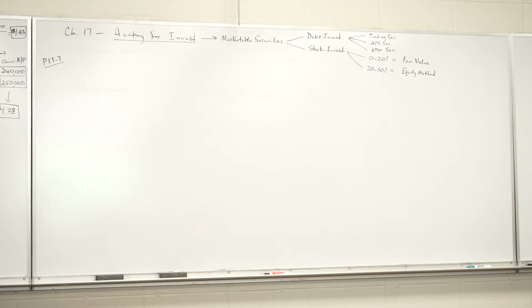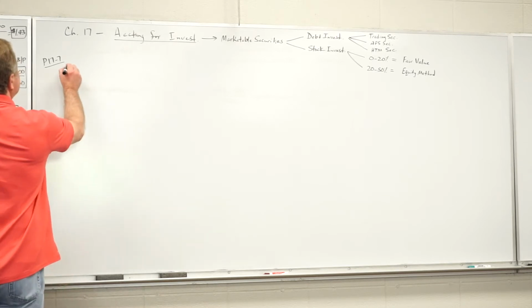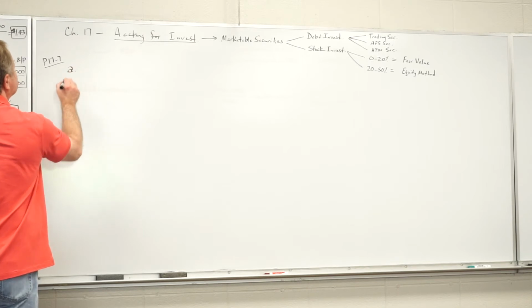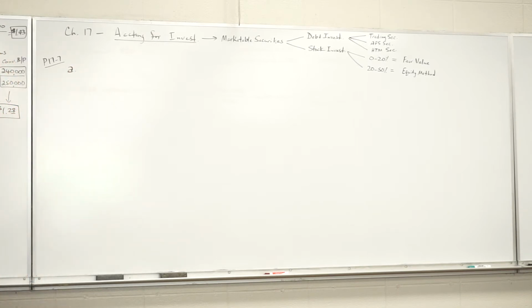Prepare the journal entries you consider necessary, including any year-end entries, assuming these are available for sale securities. Available for sale securities. All right, so here we go.